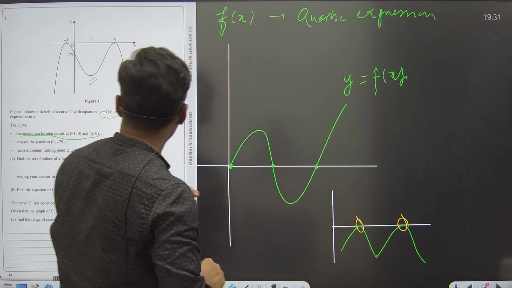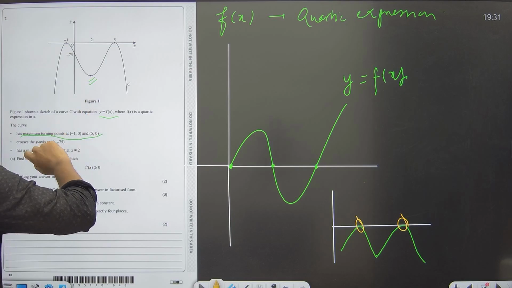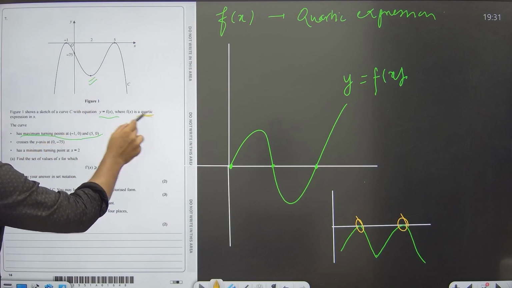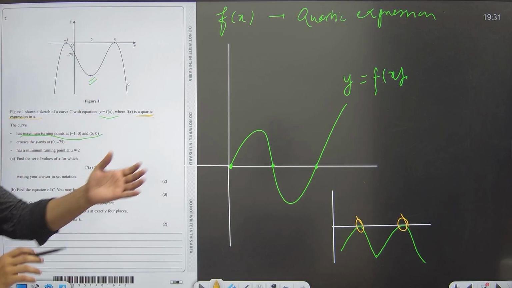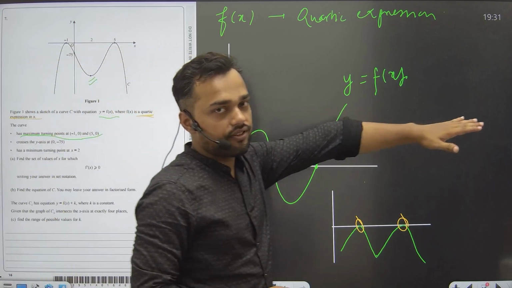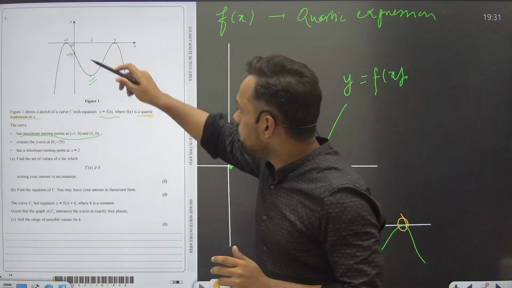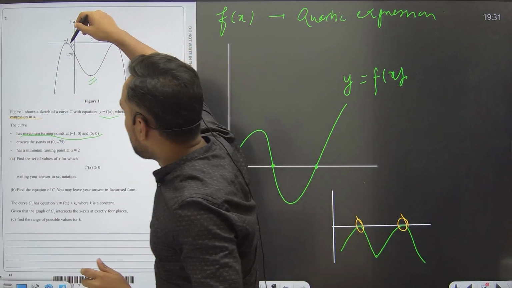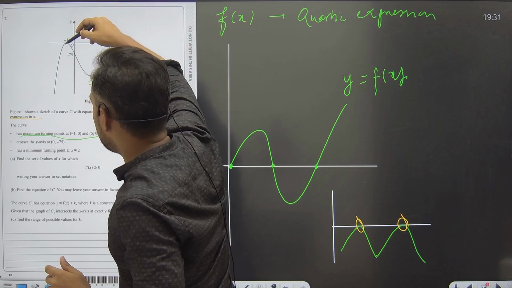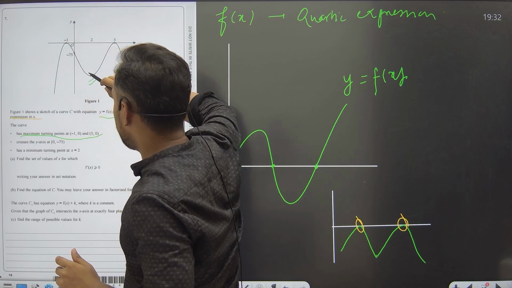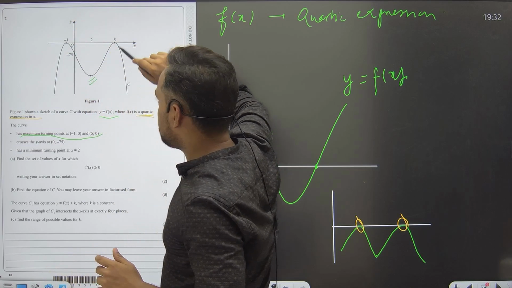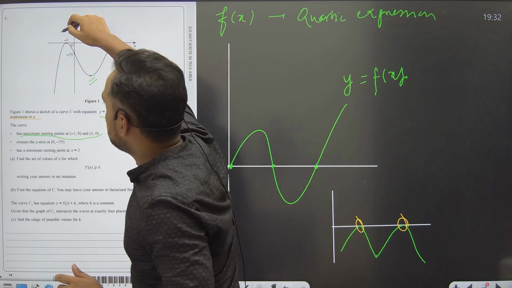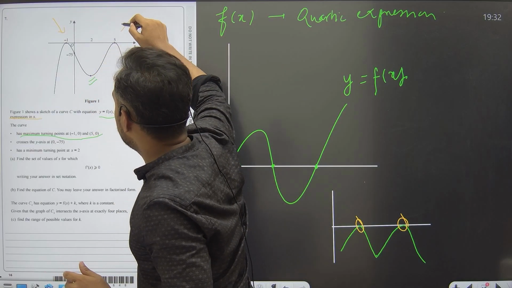Now in the question it has been mentioned that this is a quartic expression in x, meaning the degree of this expression is 4. If I ask at how many points this function y equals f(x) is intersecting the x-axis, you will see there are only 2 possible values.